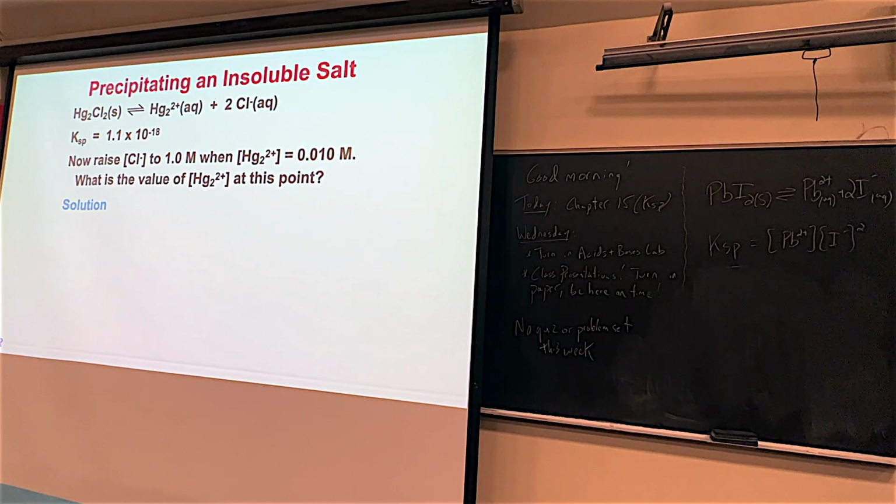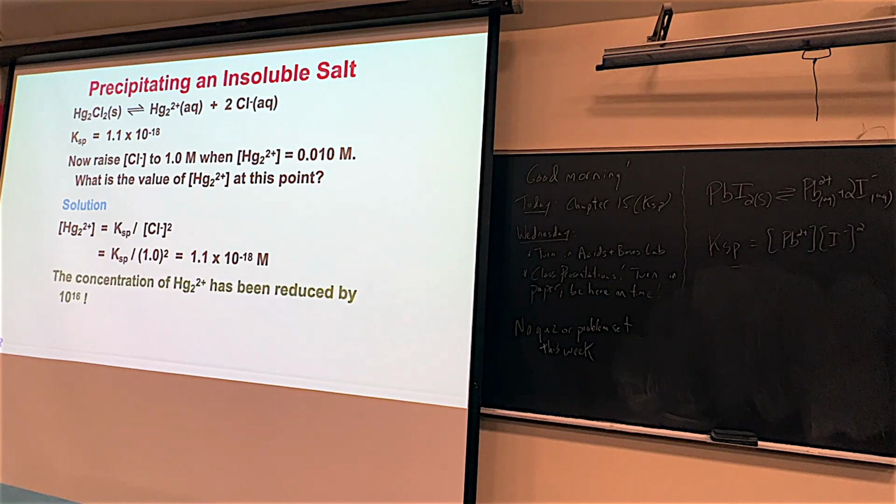Cool. So mathematically, the new mercury is going to equal the KSP divided by our new concentration of the chloride. Technically, it's chloride squared. And this part just came from KSP equaling mercury times chloride squared, and we're solving for mercury. Well, 1.1 times 10 to the minus 18th divided by 1 squared is 1.1 times 10 to the minus 18th. And believe it or not, this is kind of cool for chemists.